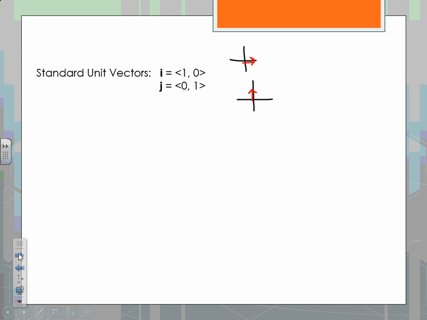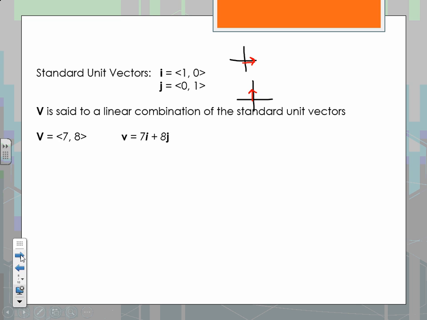Okay, so we can either write vectors in component form or we can write them as a linear combination of the unit vectors. So a vector 7, 8 is the same as a vector 7i plus 8j. It's just a different way to represent the same thing. In your book, you will see vectors written both ways.